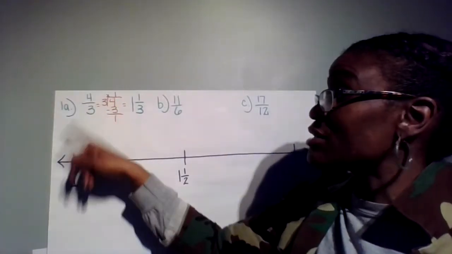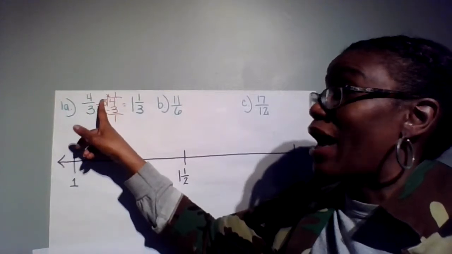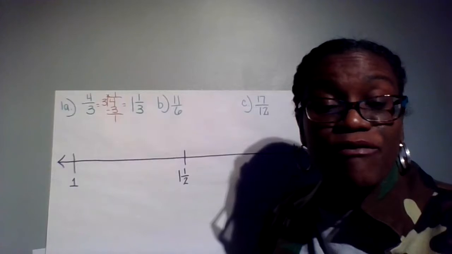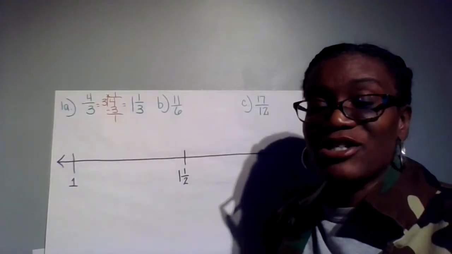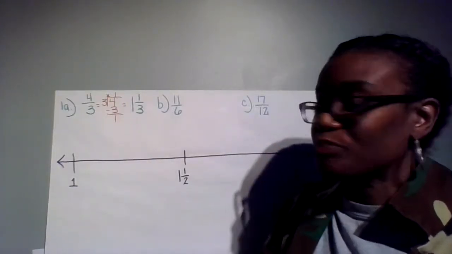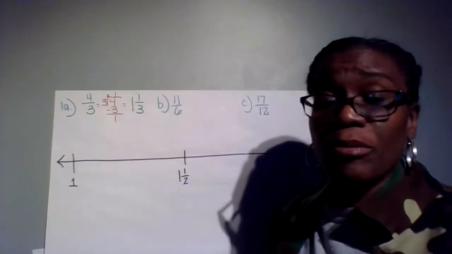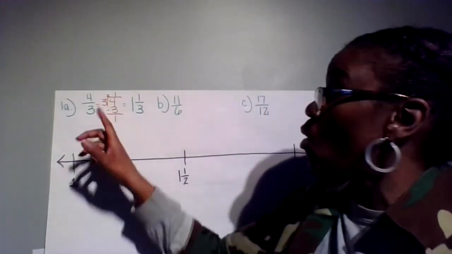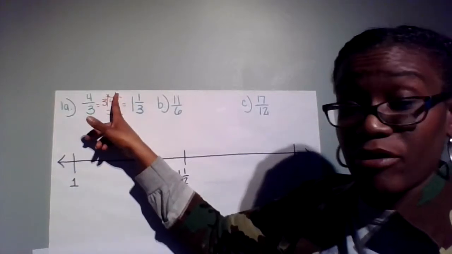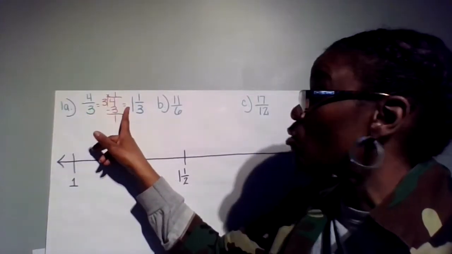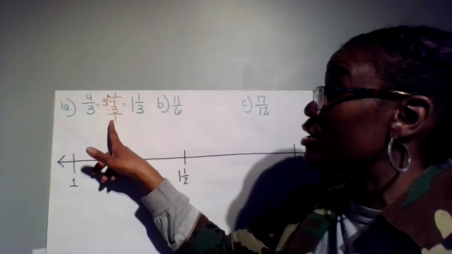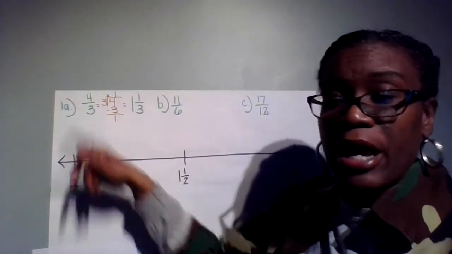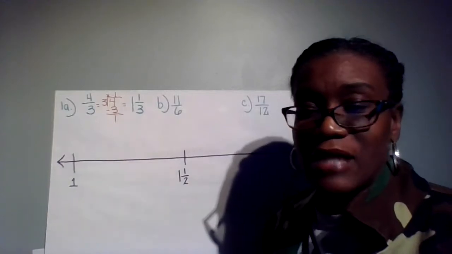So the 1 goes at the top, then I multiply. 3 times 1 is 3, and I subtract 3 from 4, which leaves us with what? 1. And so now, remember scholars, that the number that is on the top of the roof of the house is your whole number, and then the remainder is your numerator, and the denominator always stays the same.